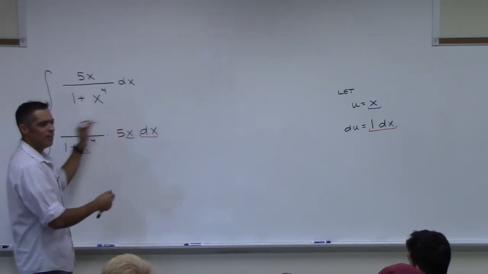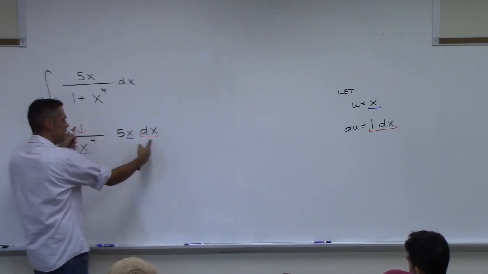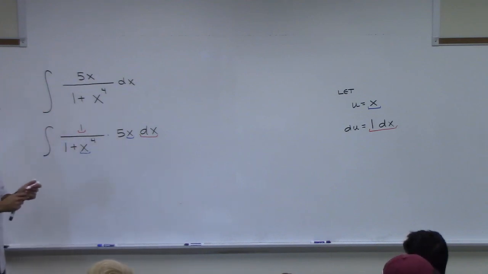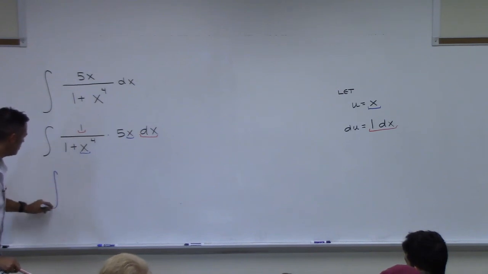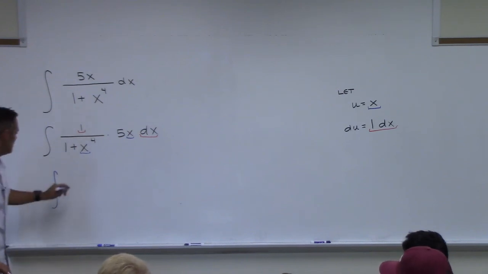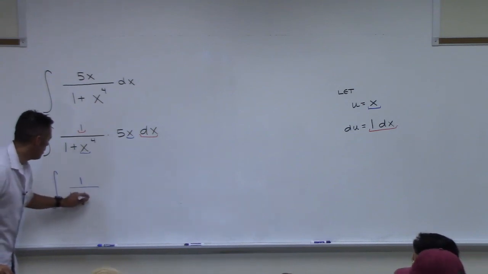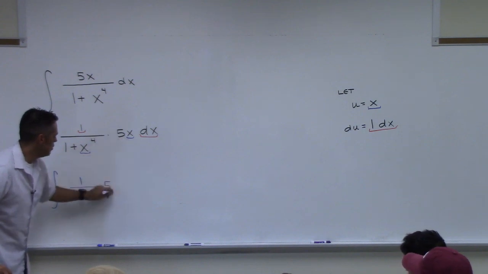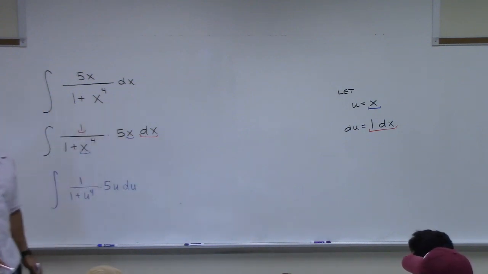Remember, that 1 is here, but it's also here, right? So that right there is going to be replaced with du. Let's see what our new integral looks like. It's 1 over 1 plus u to the 4th times 5u, but that and that together was du. So you have the same integral.